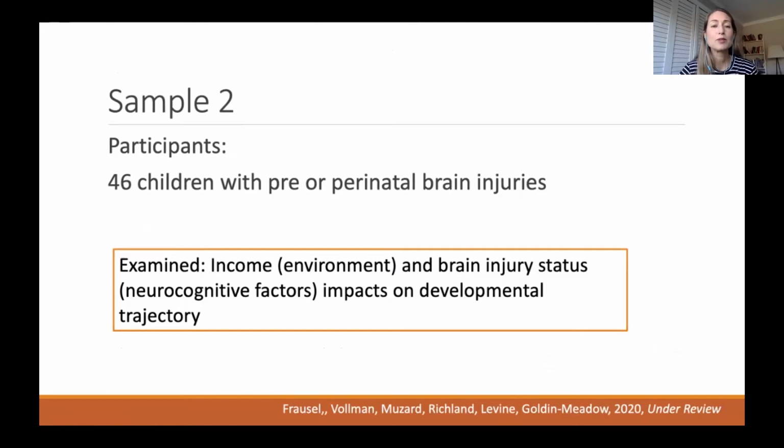But basically we were able to look a little more systematically at things like income as an environmental factor and brain injury status, to get at whether differences in predicted cognitive resources from a brain maturation perspective would have an impact on this developmental trajectory.